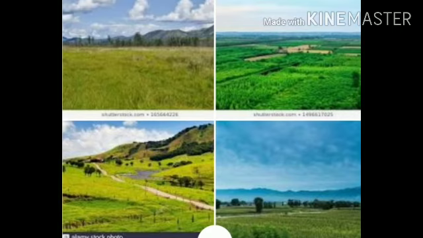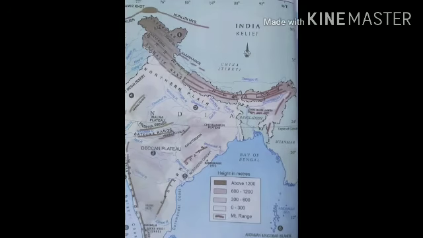It is spread over the states of North India, Haryana, Delhi, Uttar Pradesh, Bihar, partly Jharkhand and West Bengal to its east. And the part of northern plain which lies in Assam is made by Brahmaputra and its tributary.